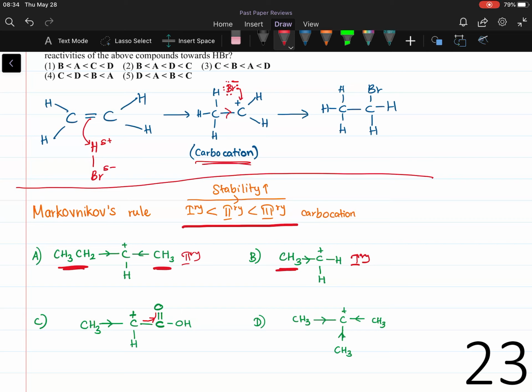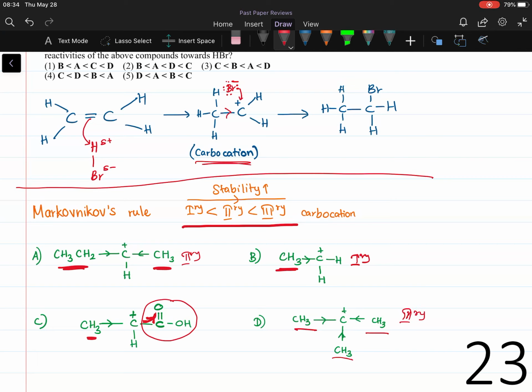Molecule C has 1 R group and a carboxyl group attached to it. We know that the carboxyl group attracts electrons towards itself because of the oxygen. Therefore, the positivity on the C increases. Then molecule D is a tertiary carbocation because it has 3 R groups attached to it.